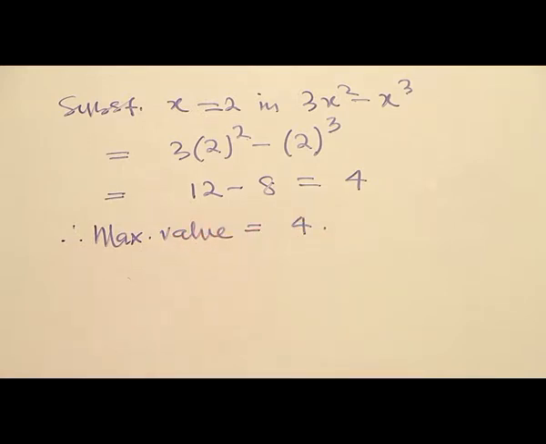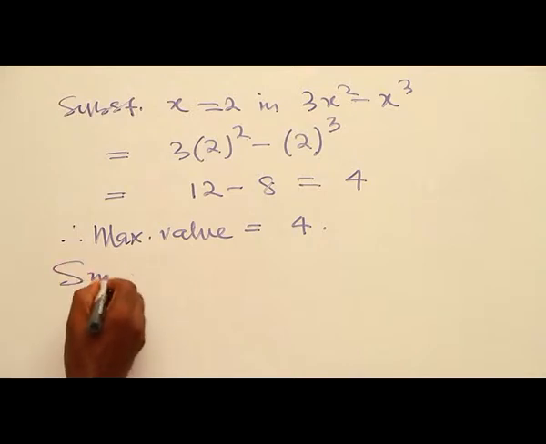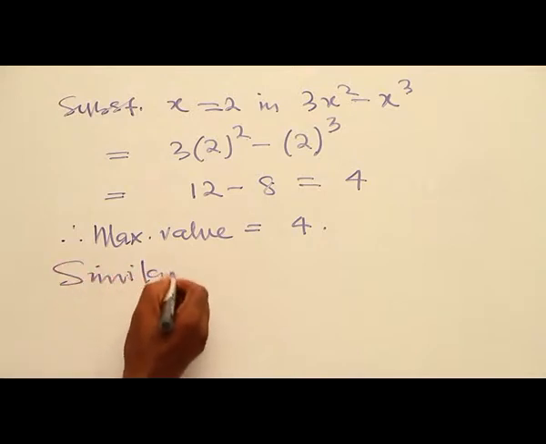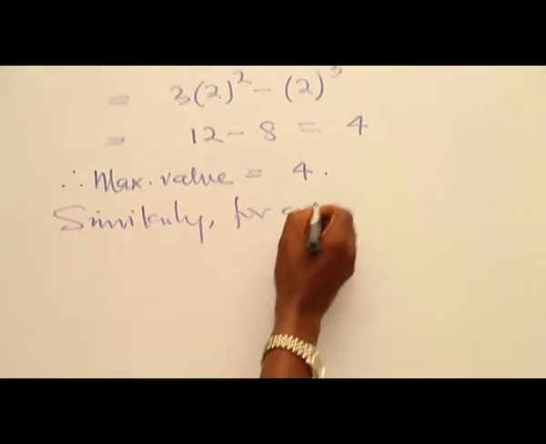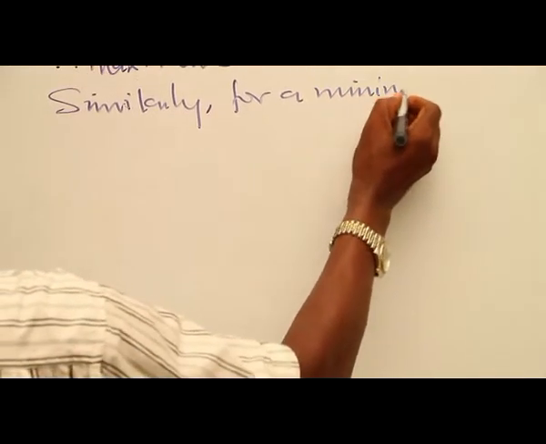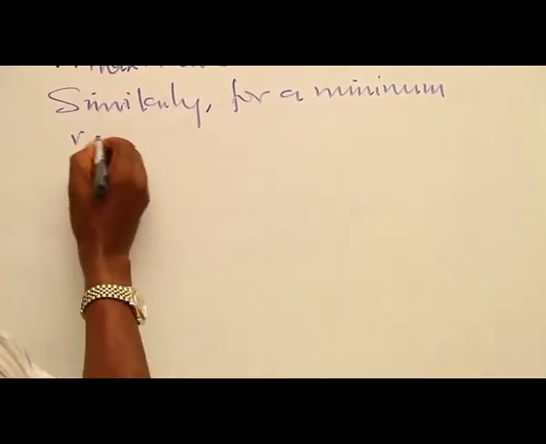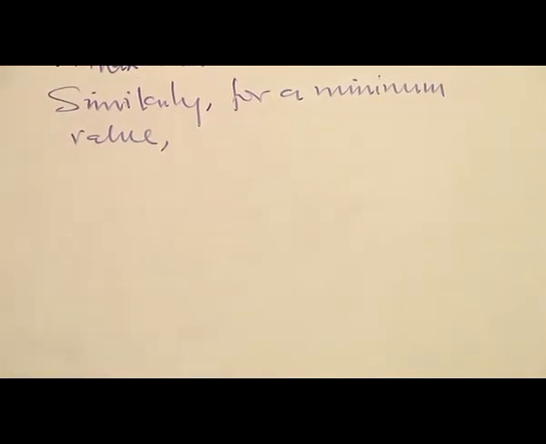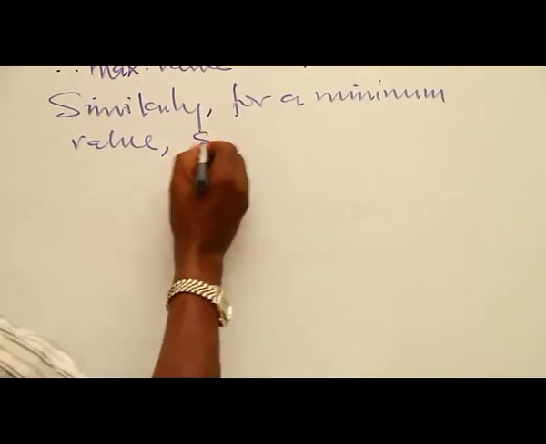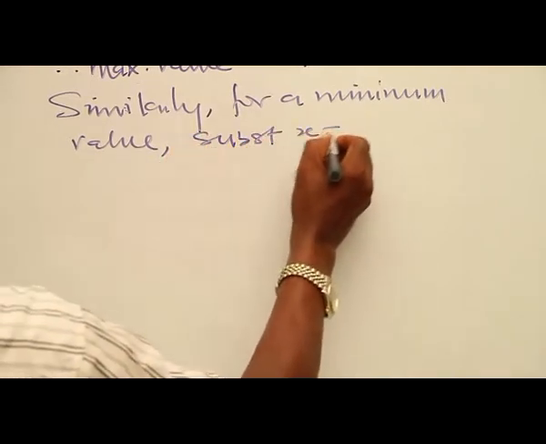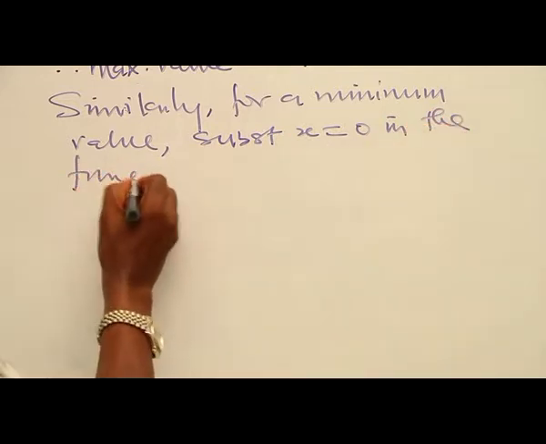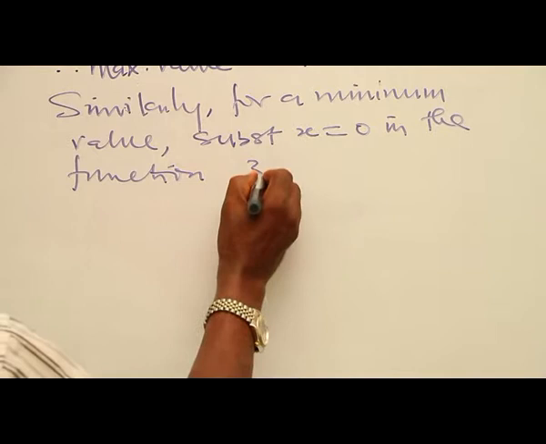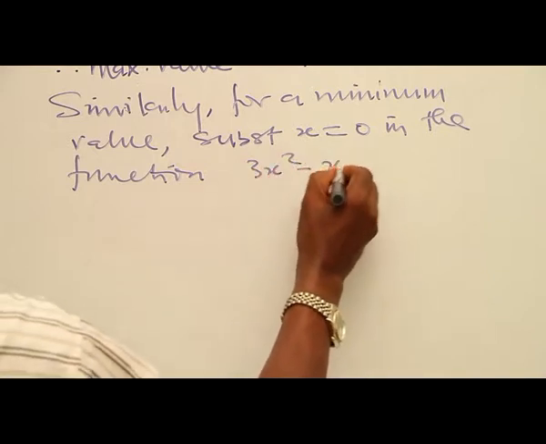We also want to quickly note that if we were to find the minimum value, similarly, we'll substitute s equal to 0 in the function given to us, which is 3s squared minus s cubed.